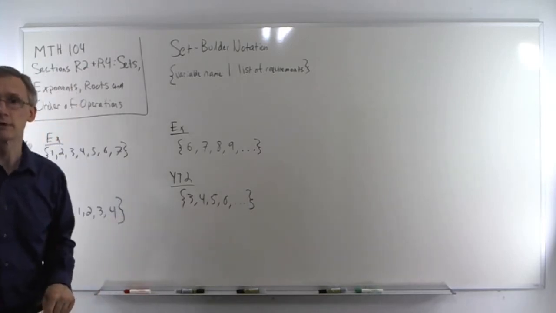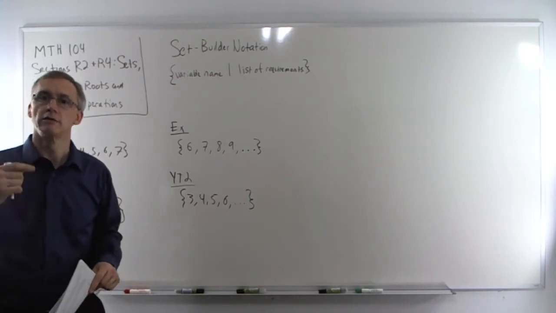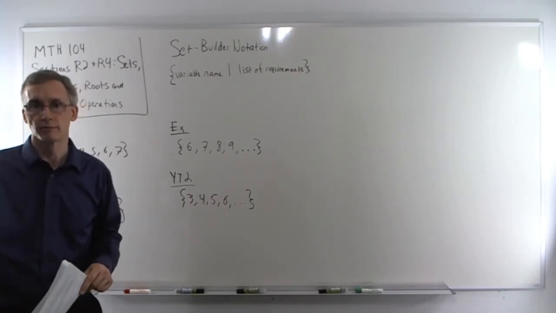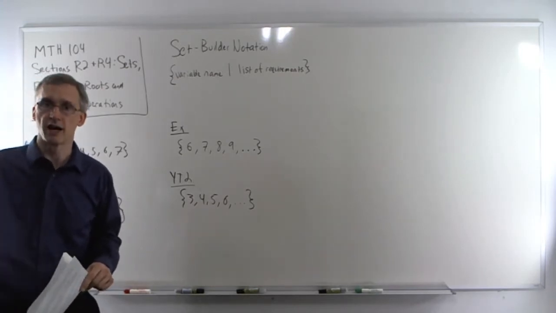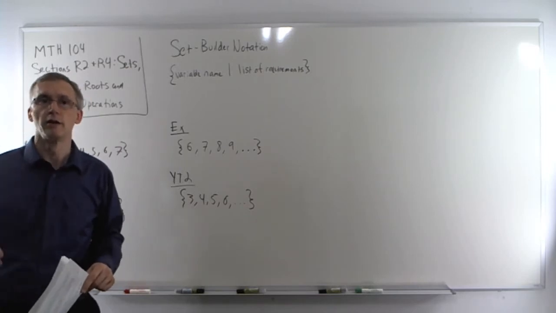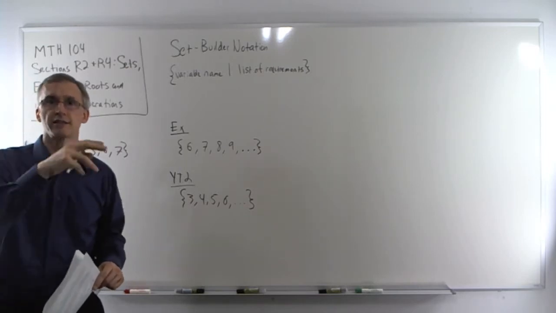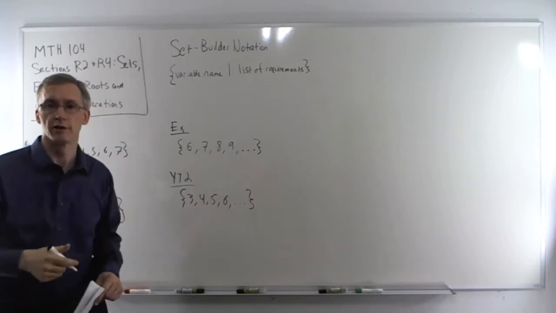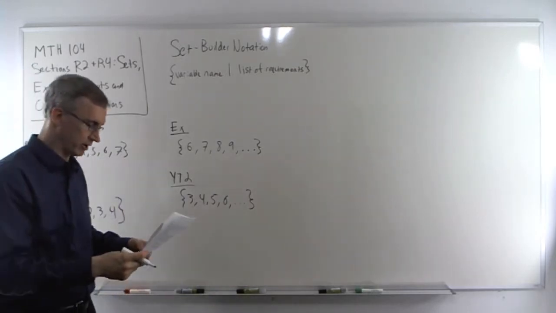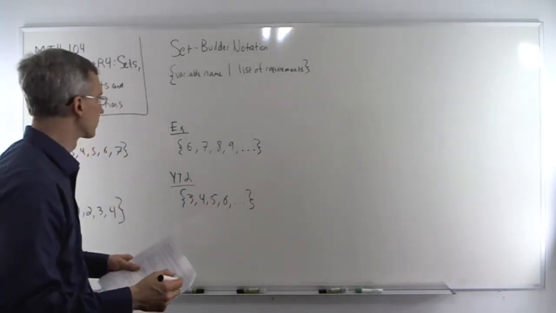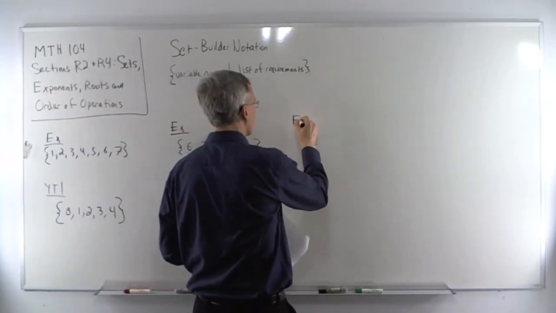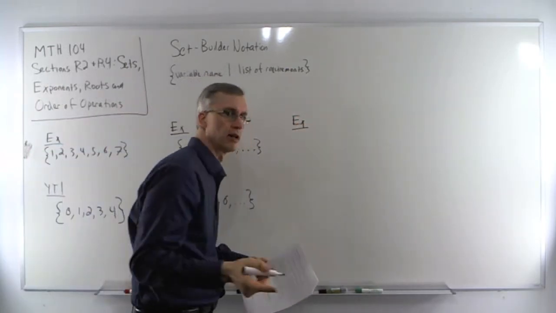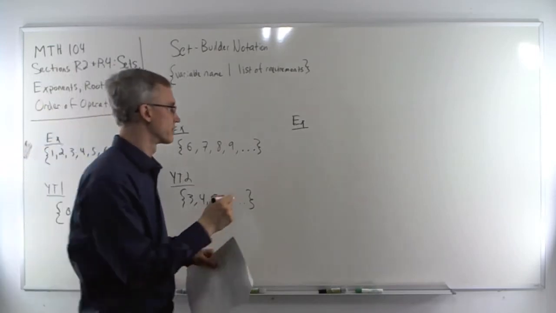Now the multiples are what you get when you multiply all the integers by 3. So that would be 3, 6, 9, 12, and so on. But it's also negative 3, negative 6, negative 9, negative 12, and so on. So it's every multiple of 3 in both directions. So to write this one, we're going to have to establish an infinite pattern in both ways. So we're going to have 2 sets of ellipses in this one.